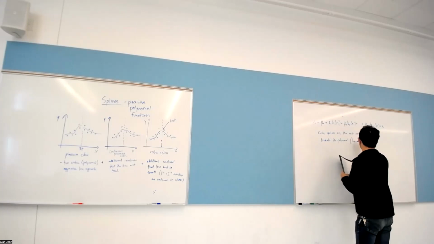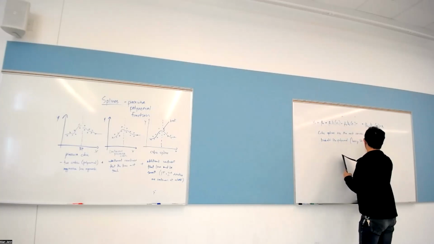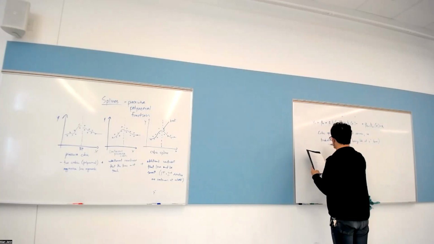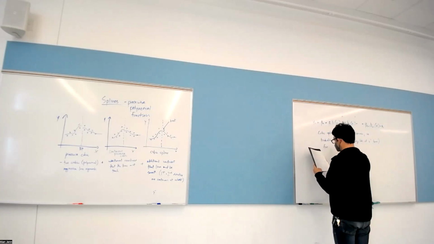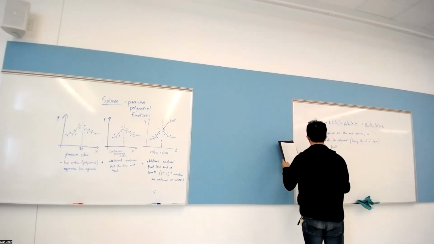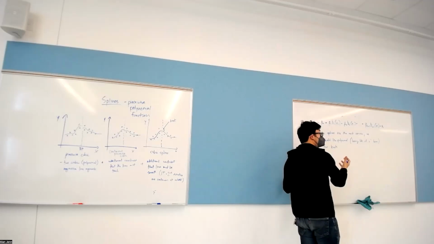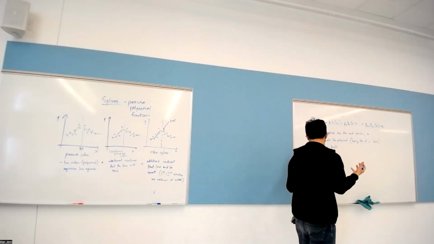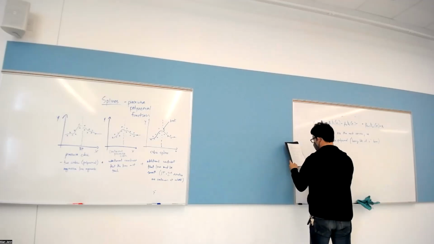So this is like having lots of x^n terms for knots. So these knots are the thing that allow us to add flexibility.